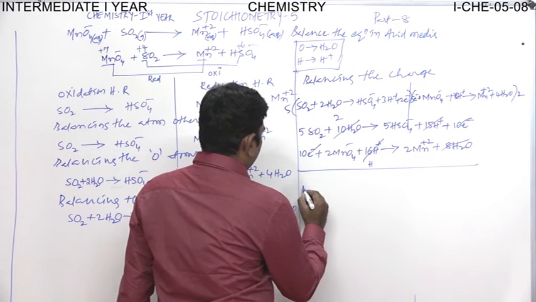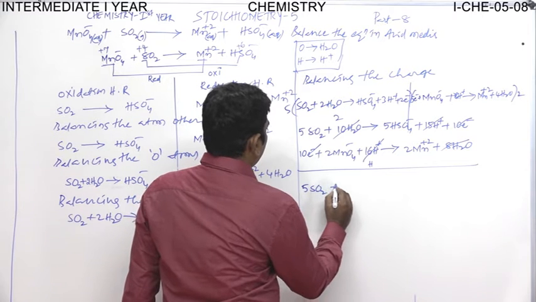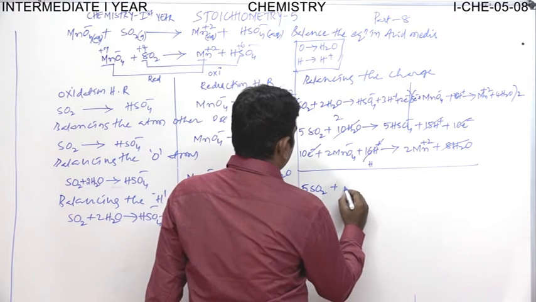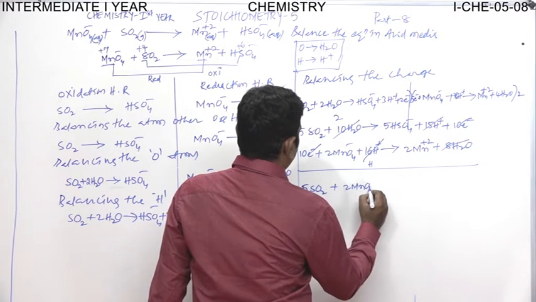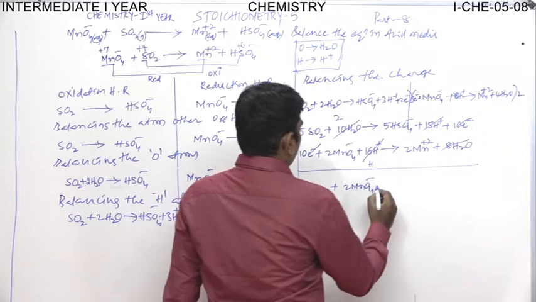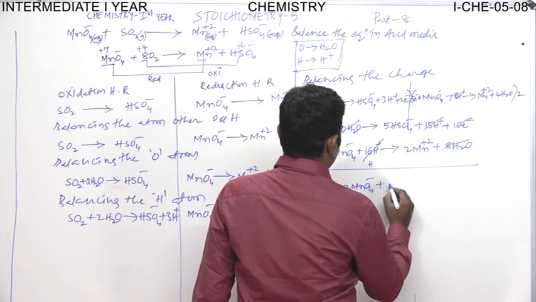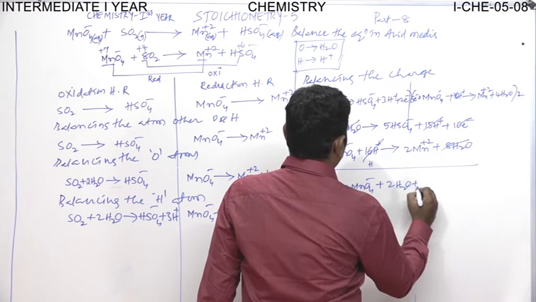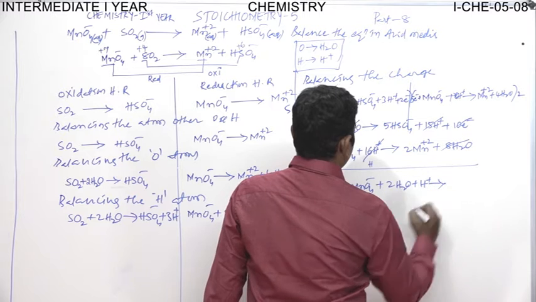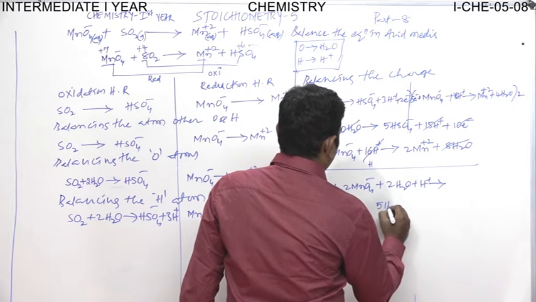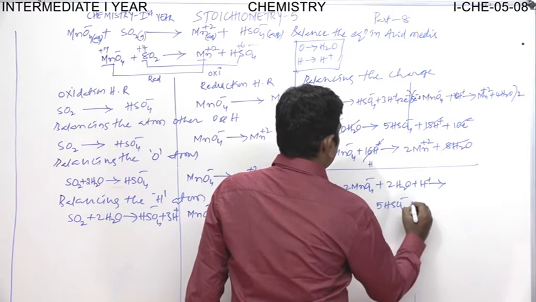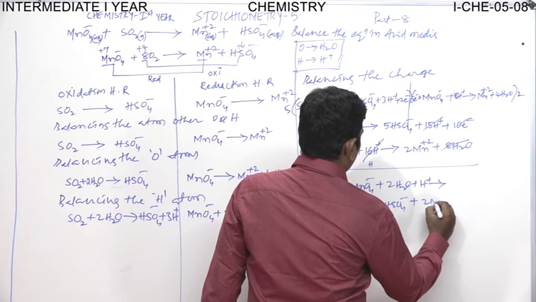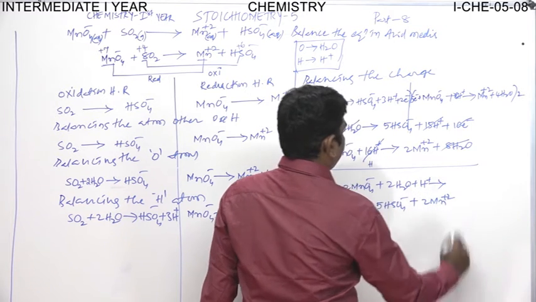So now 5SO2 plus 2 MnO4 minus plus 2H2O plus 1H plus will give 5HSO4 minus plus 2Mn plus 2. Is there any remaining?